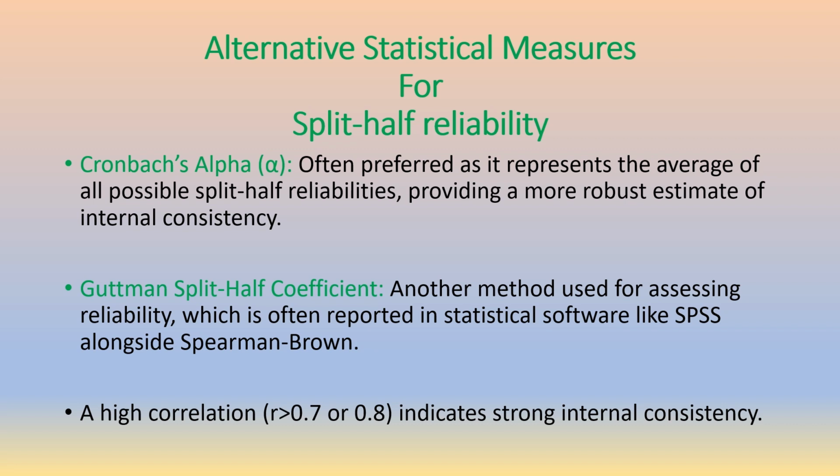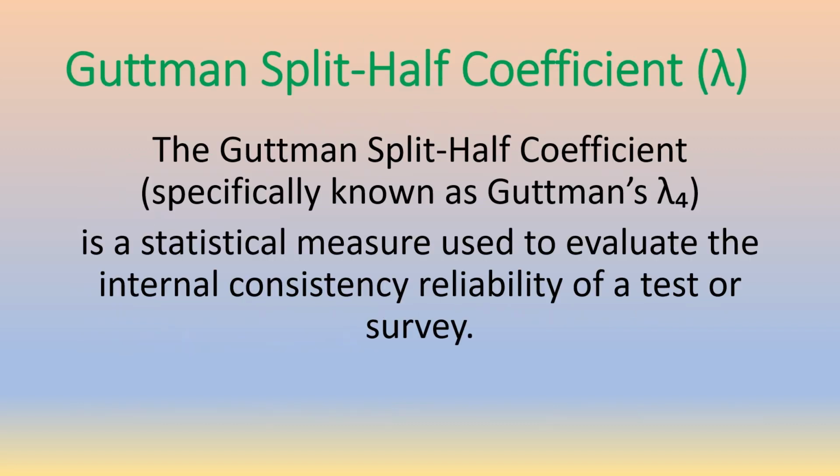Guttman Split-Half Coefficient is another method used for assessing reliability, which is often reported in statistical software like SPSS alongside Spearman-Brown. A high correlation, R greater than 0.7 or 0.8, indicates a strong internal consistency.